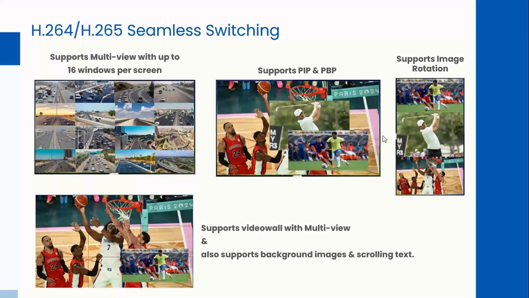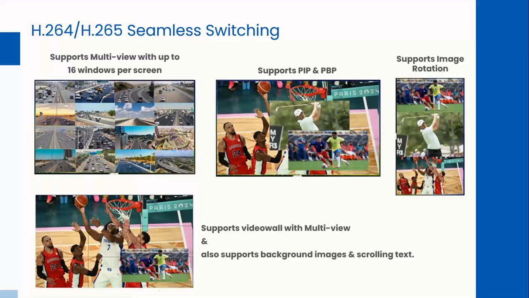We also support rotation, so you can have your TVs mounted vertically, and you can rotate the image so you can see it vertically. We support video wall capabilities and video wall with multi-view in the video wall. So here you've got an example of a 3x3 video wall, so 3 screens by 3 screens, so 9 screens in total, and you can set them up to work as just one big screen, or you can set up video wall multi-views within that screen.